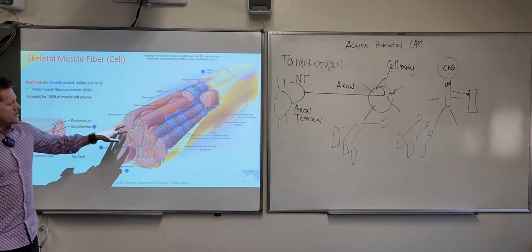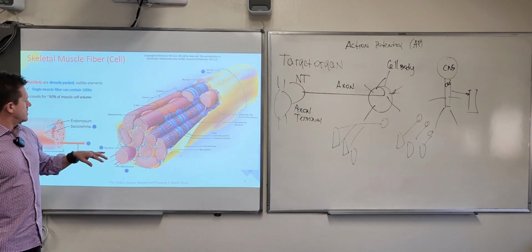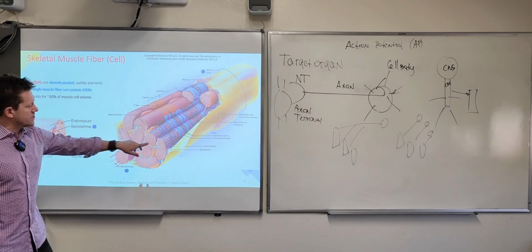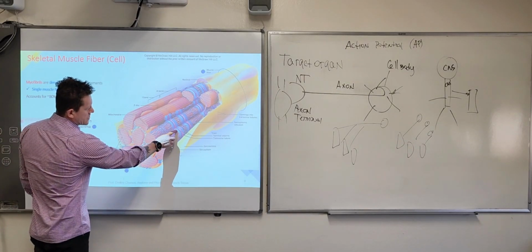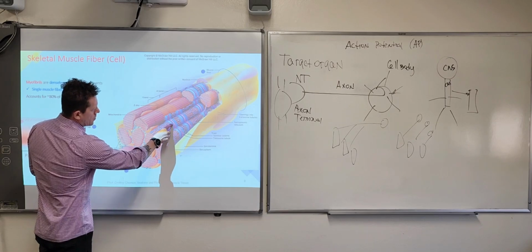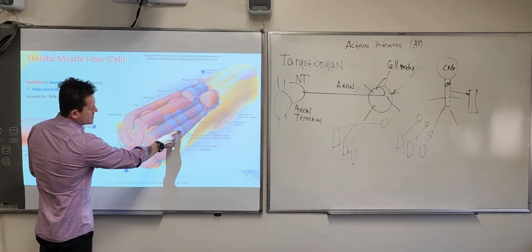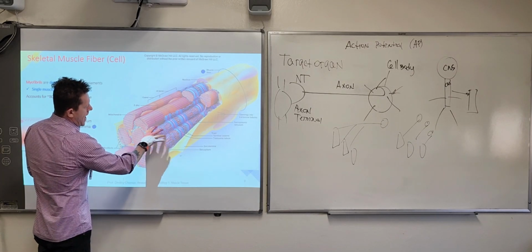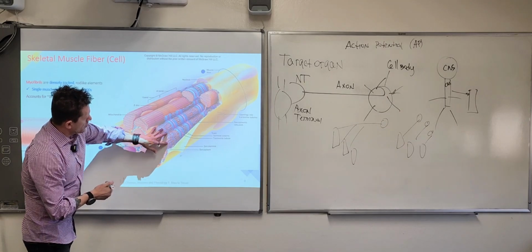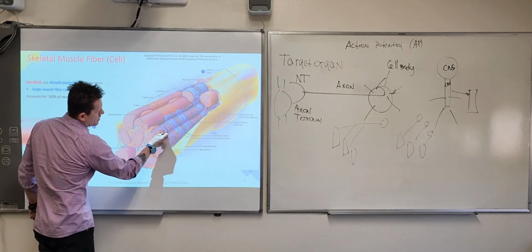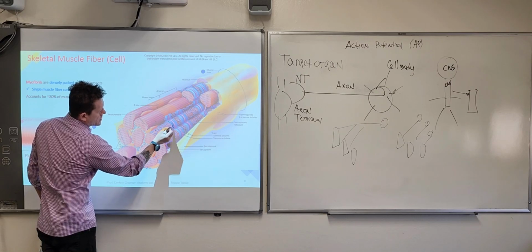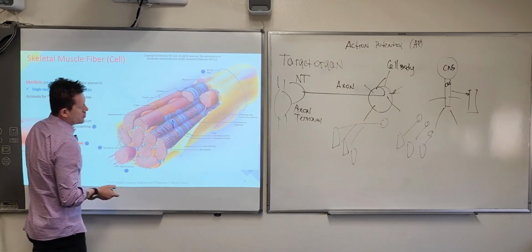So each muscle cell is surrounded by triads, so the triads we call the cisterns. So here are the cisterns, the blue stuff. Then there are the T-tubules, gray, and here is the sarcoplasmic reticulum. So this is the sarcoplasmic reticulum, these are the cisterns, and these are the T-tubules.